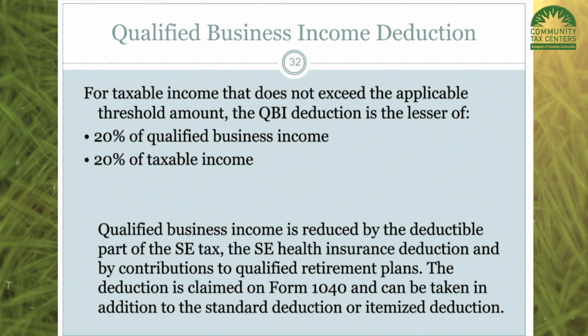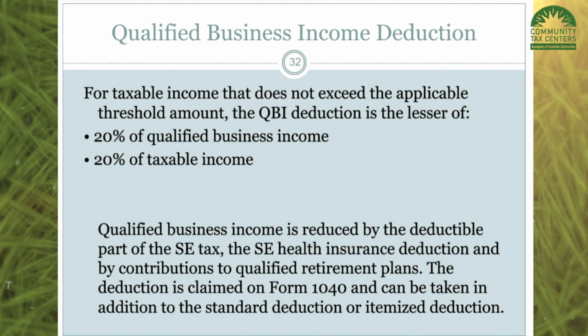So for taxable income that does not exceed the applicable threshold, the qualified business income deduction is the lesser of 20% of qualified business income or 20% of taxable income. So the qualified business income is reduced by the deductible part of the SE tax, the SE health insurance deduction, and by contributions to a qualified retirement plan.